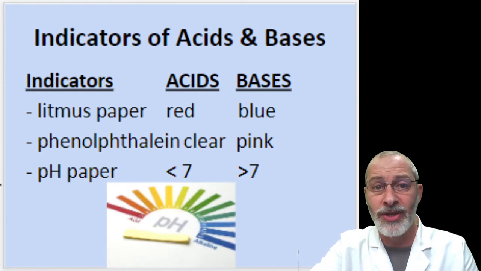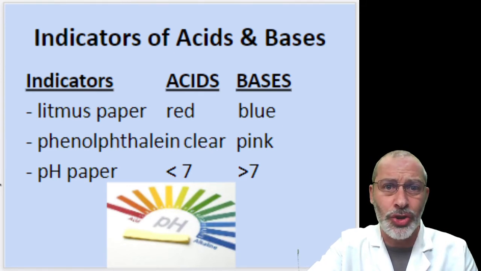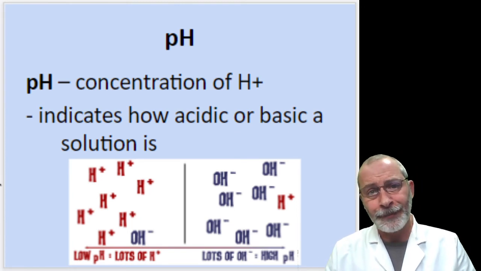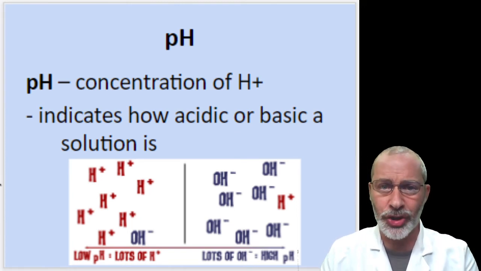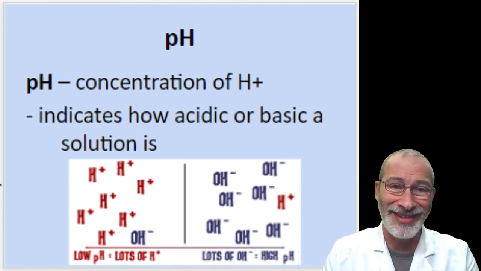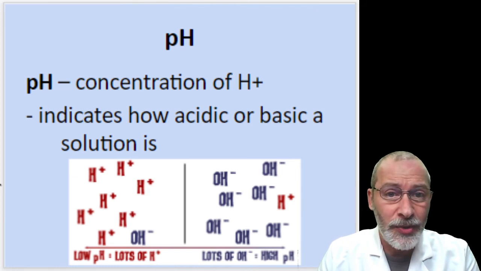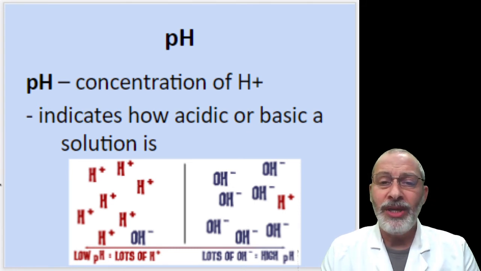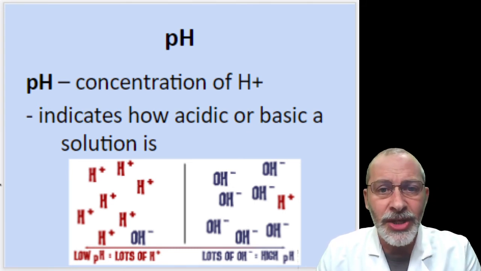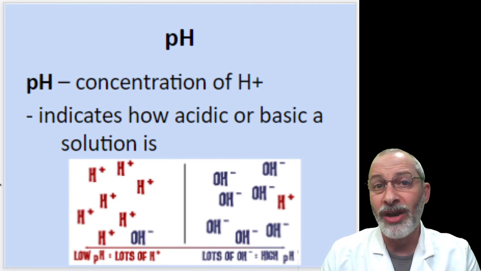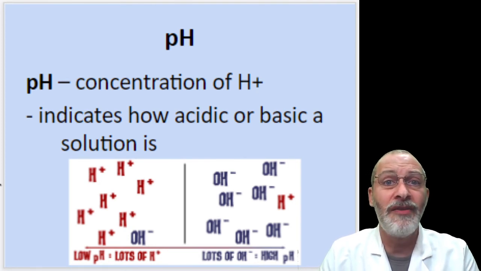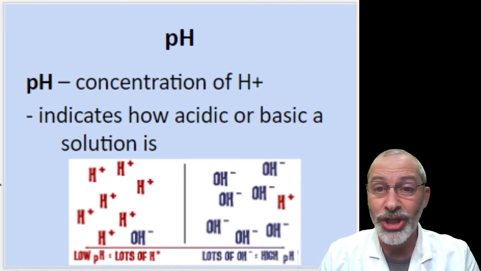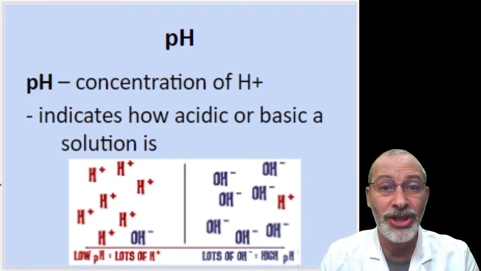Now I mentioned this pH to you. I want to expand on that for a moment, if I may. pH. Notice the capitalization. Lowercase p, uppercase h. pH essentially is a measure of the concentration of hydrogen ions, positive hydrogen ions.